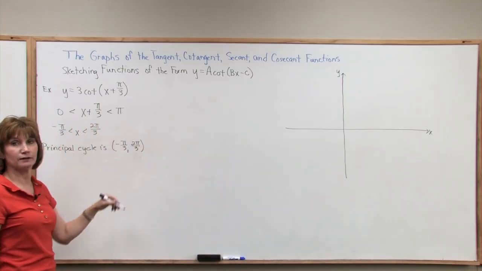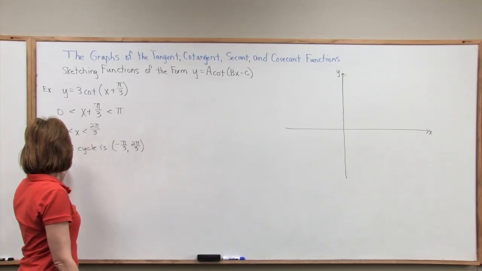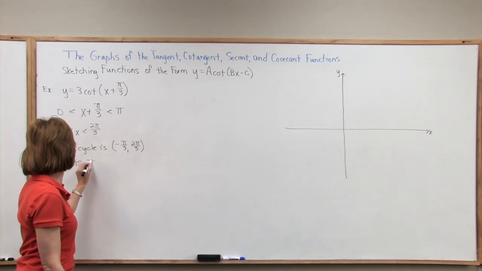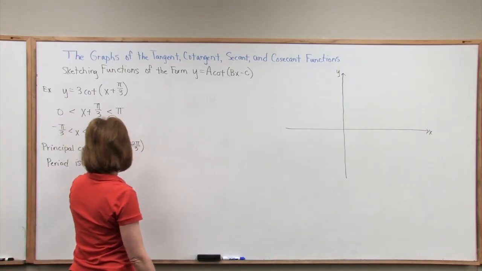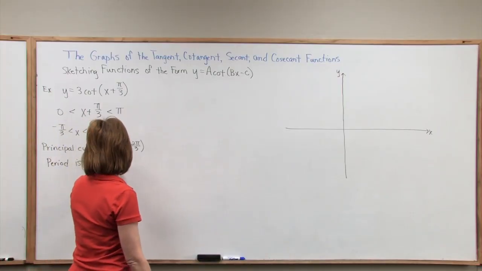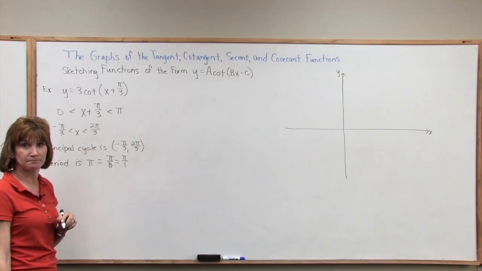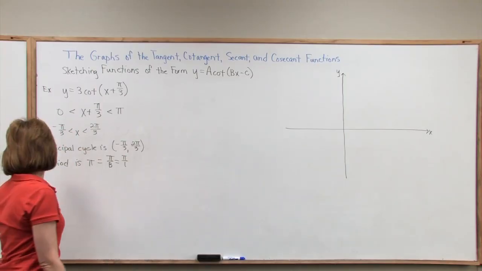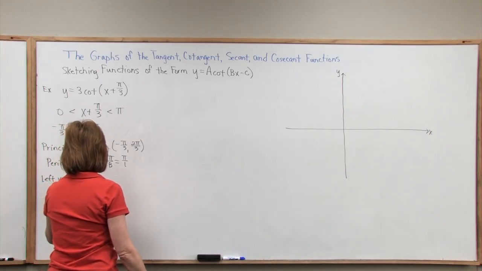Now the length of that interval would be the period, and the length of that interval is pi. We can always find the period by taking pi, the normal period for cotangent x, and dividing by b. In this case, b of course is 1, so that's pi. Now that we have the principal cycle, we can find the left and right vertical asymptotes.